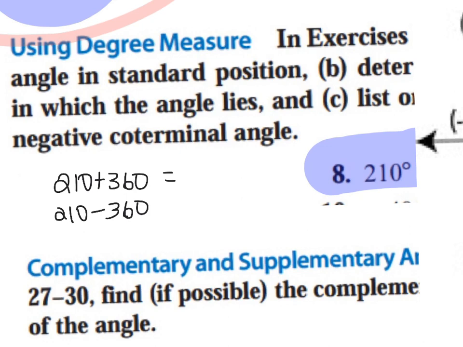What's 210 plus 360? 570. And then what's 210 minus 360? Negative 150. So do I have one positive and one negative coterminal now? Yes? Okay, good.